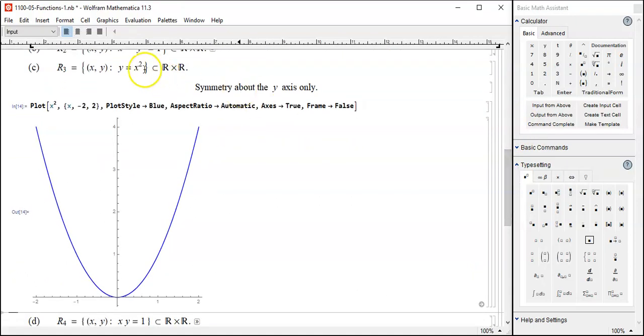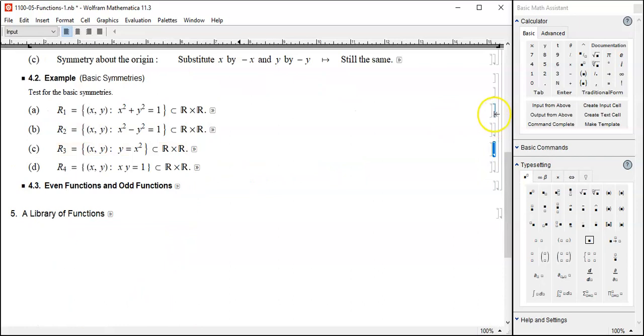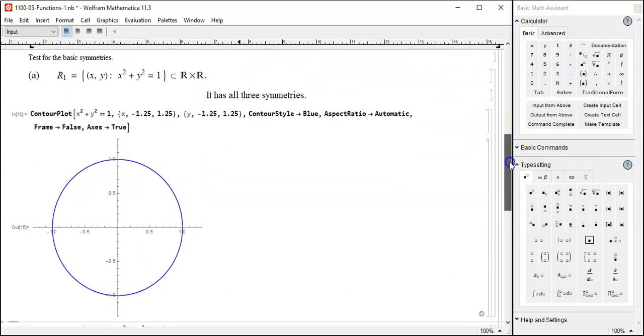Here's an example. We have y equals x squared, so replace x by negative x, then negative x squared is the same as x squared. So we have an even function, and as you can see, we have the symmetry about the y-axis. And a little bit more general case, like a circle. In this case, we have symmetry not just in the y-axis, but in the x-axis as well.